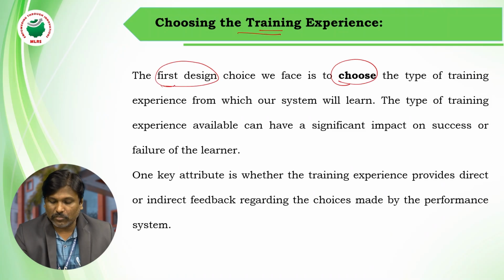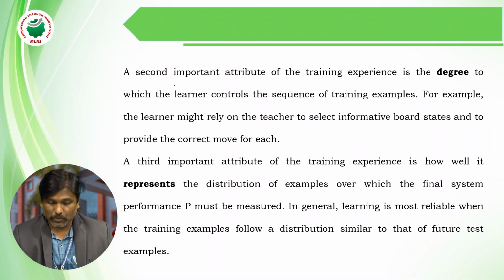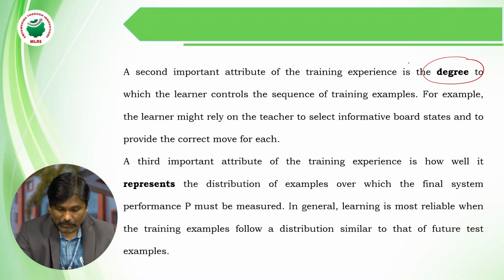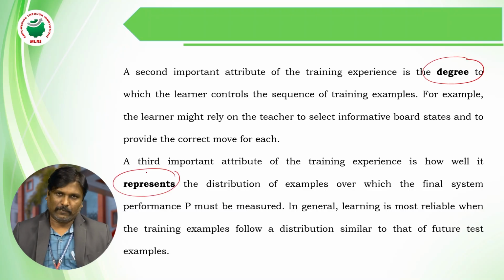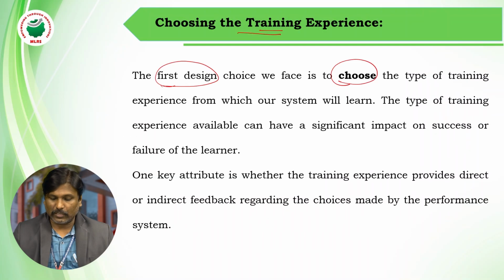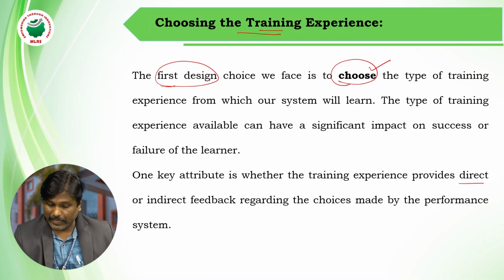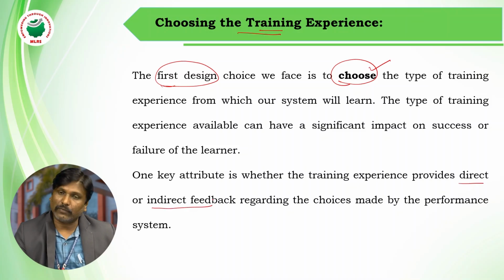The first design choice is choose, the second one is degree, and the third one is representation. Here, coming to the first design choice, I choose the type of experience. So what are the different types of experiences? Here I can mention 2 different conditions of feedback: direct feedback and indirect feedback.